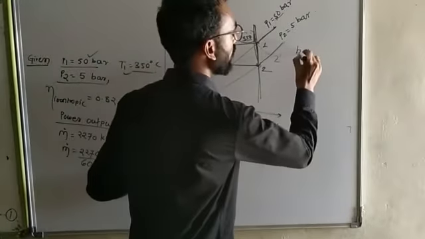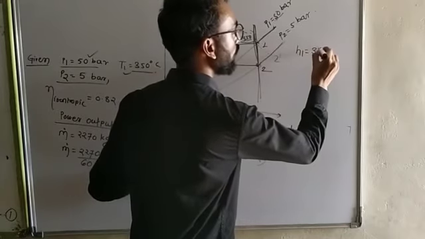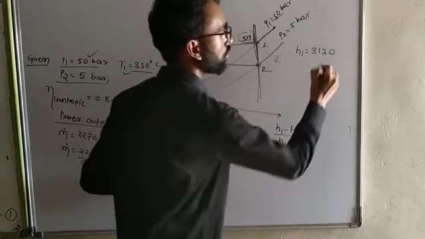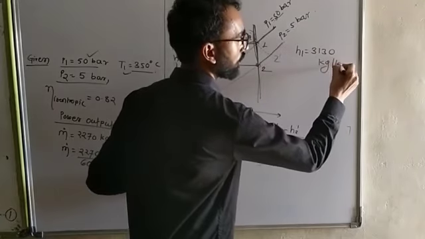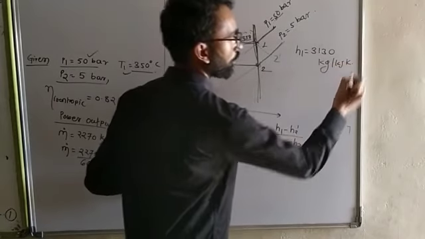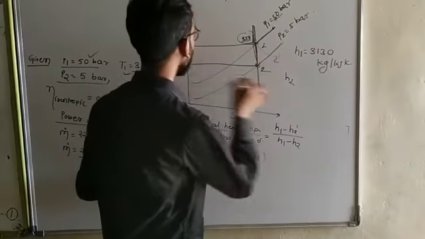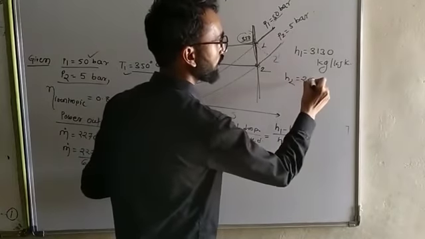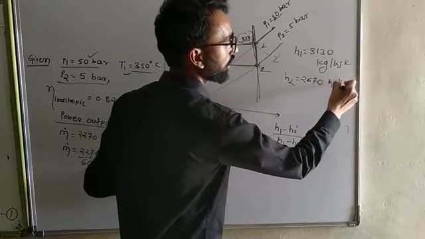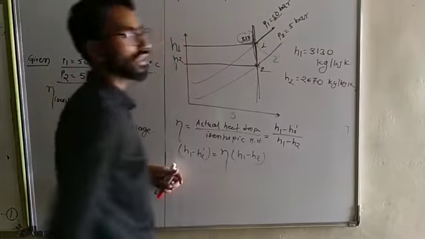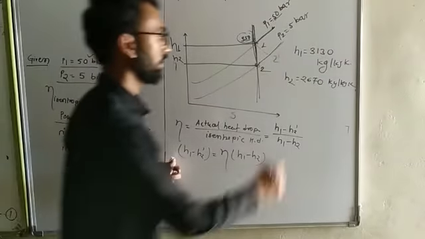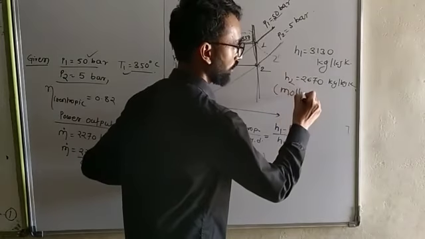This H1 is equal to 3130 kilojoule per kg by using the Mollier chart, and H2 is equal to 2670 kilojoule per kg, again by using the Mollier chart.